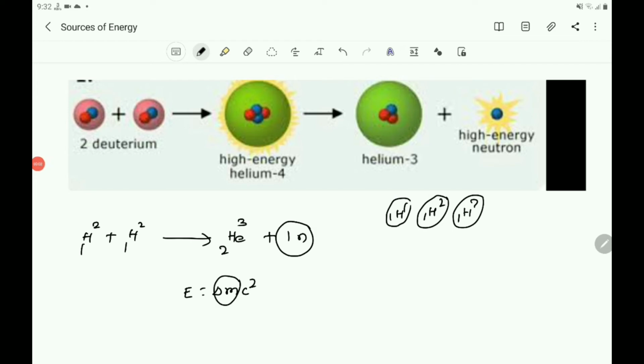Delta m is the mass difference between the mass of the lighter nuclei which take part in the nuclear reaction and the product nuclei. The mass of the product is less than the mass of these two nuclei. So delta m mass is converted into energy according to E equals delta m c squared.